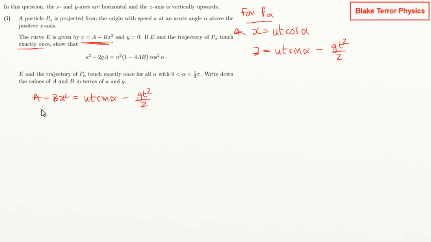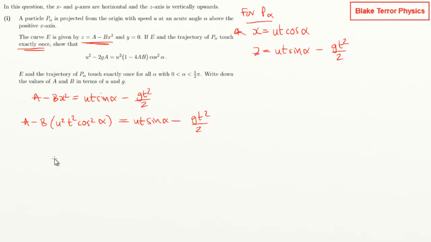We've just got the t's, and if they're touching once, it has to be at one time, so that's fine. So I've got a minus b, now x squared is u squared t squared cos squared alpha, and that is equal to ut sine alpha minus gt squared over 2.